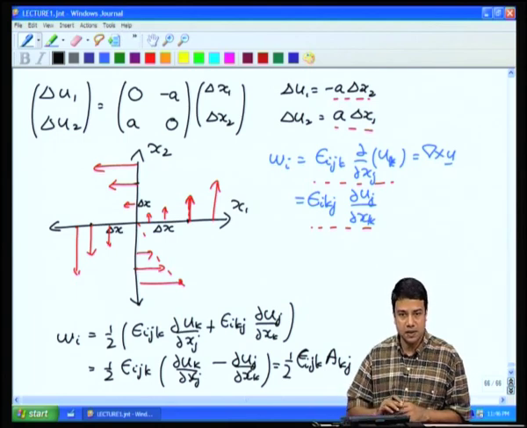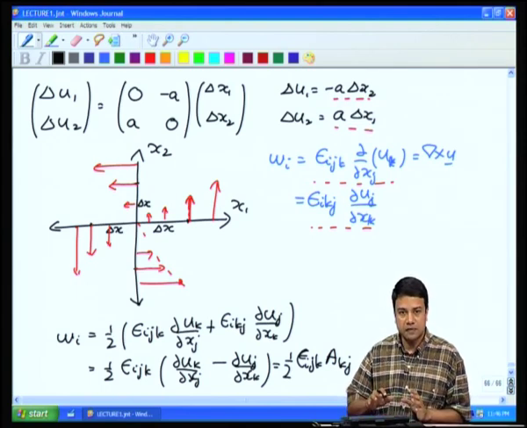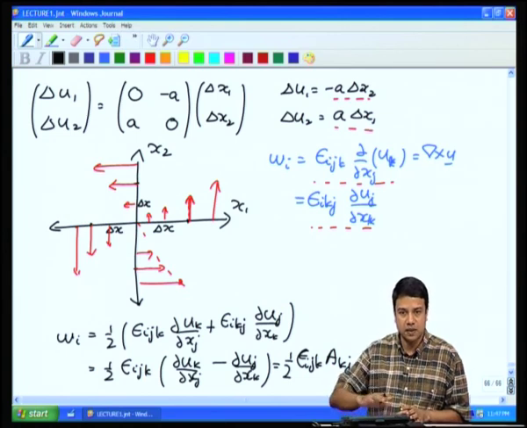So, the only one that is left is the antisymmetric part of the rate of deformation tensor. So, the antisymmetric part of the rate of deformation tensor represents rotational flow. The axis of rotation is perpendicular to the plane of rotation. The plane of rotation is given by this antisymmetric part of the rate of deformation tensor. Therefore, the axis of rotation is perpendicular to the plane in which this antisymmetric part rests.